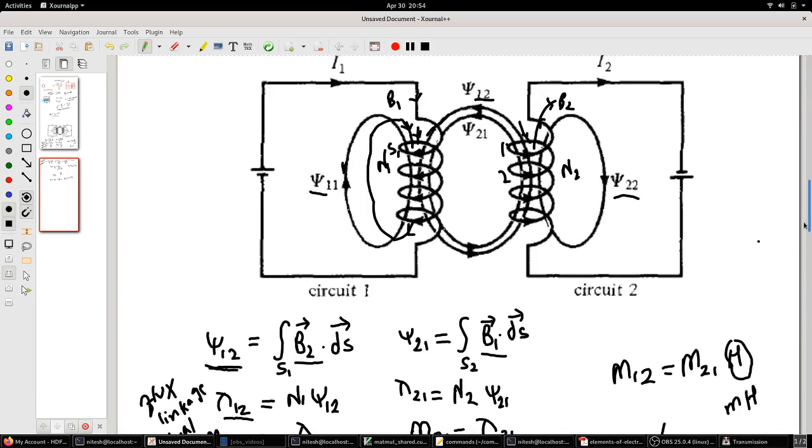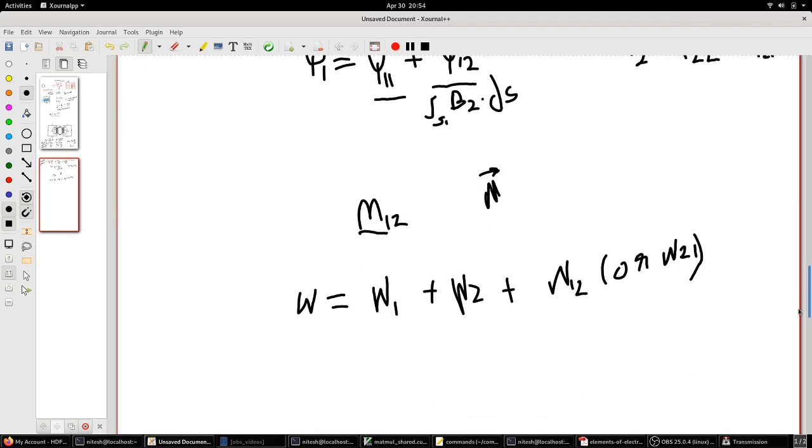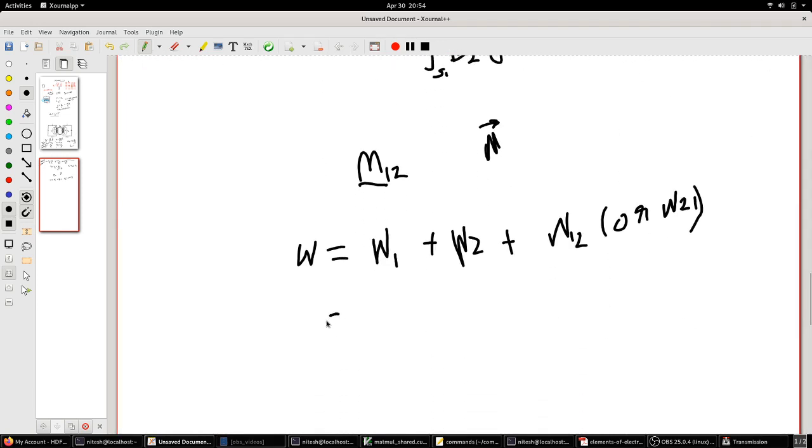We know that the energy through an inductor is half L1 I1 square, plus half L2 I2 square, which is the energy due to inductor 2, plus the energy because of the mutual inductance.